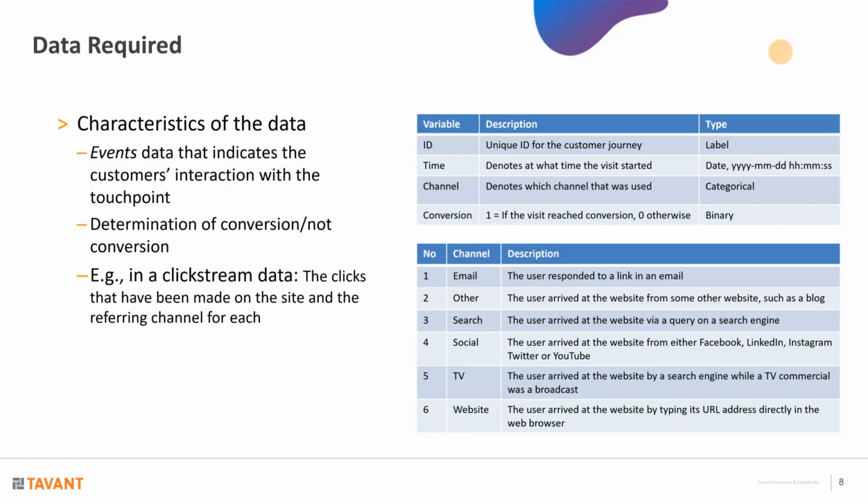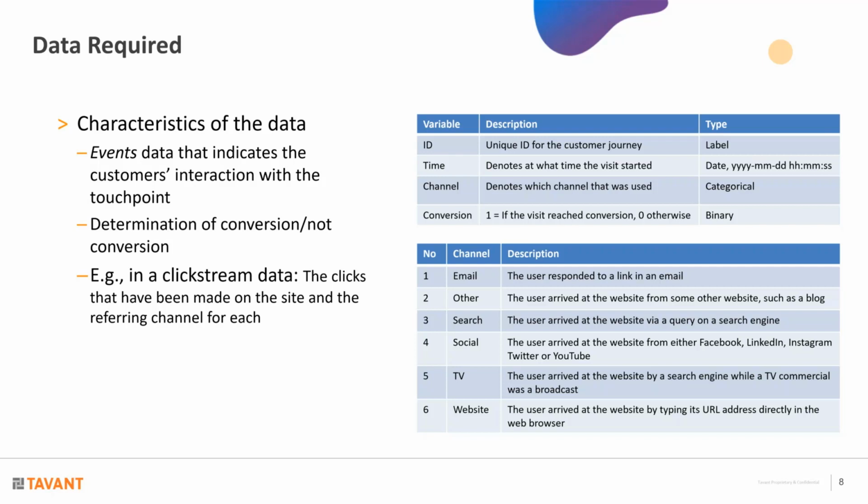So basically, all the channels, all the touch points that the customer went through, and then finally the information about whether all that led to a conversion or not. So these are the 2 key elements of the data that need to be captured.